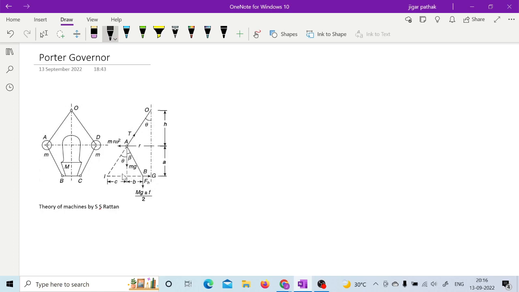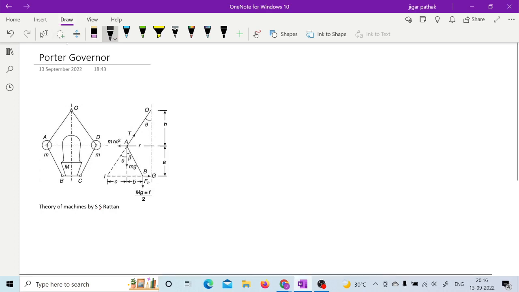Once you have this geometry, you can equate the moments about that point I of different forces. You have different forces like the centrifugal force acting on the balls, then the mg of the fly balls, which is acting downward, and the extra mass m which you have added. And you are also considering frictional force.